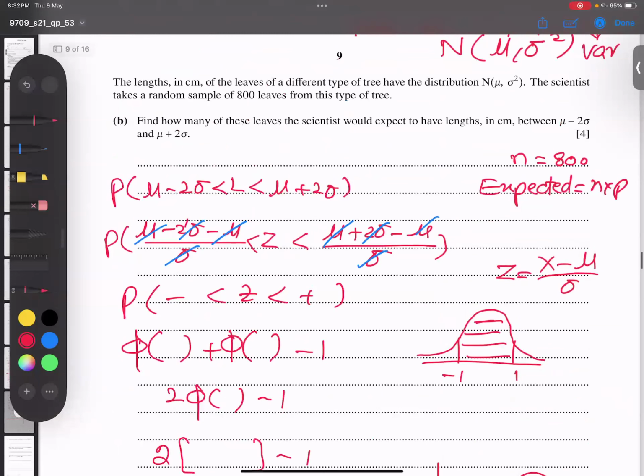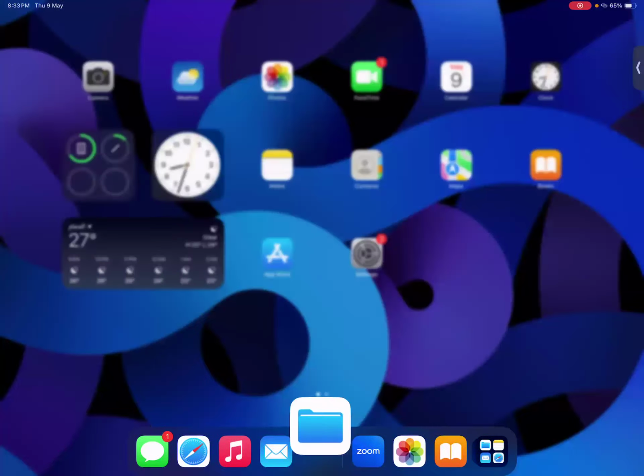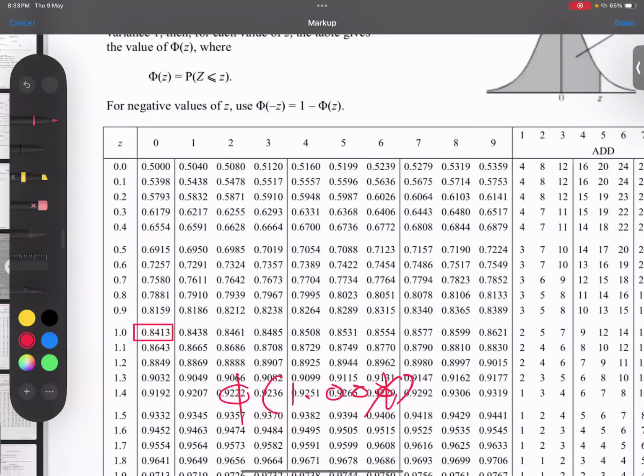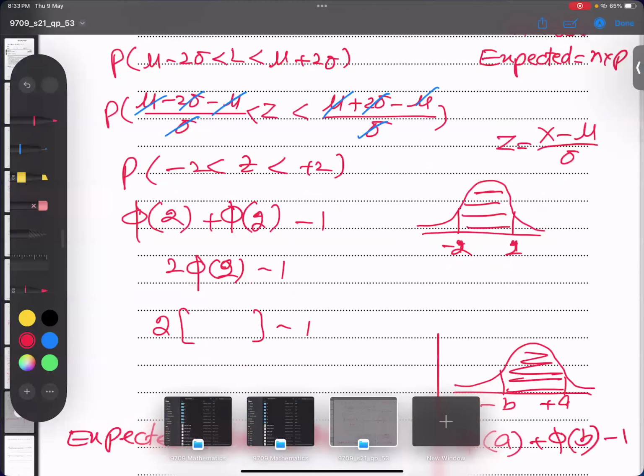So let's make it correct. I missed this 2, so it's minus 2 and positive 2. So it means phi of 2, 2 phi of 2. Now go back to the table: phi of 2, 2 means 2.0, so 0.9772.